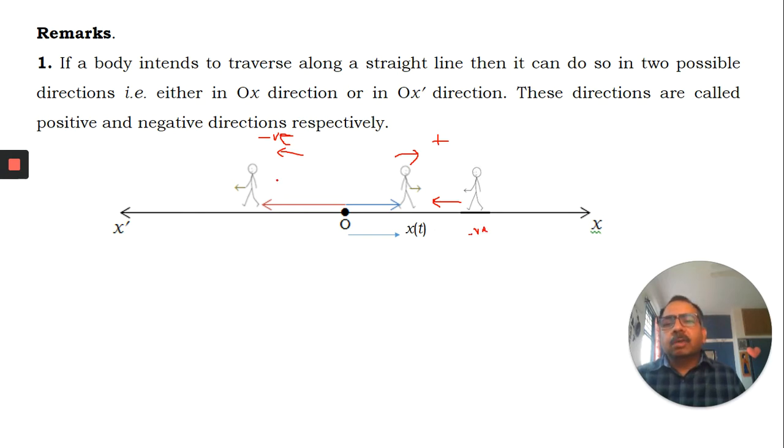Similarly, in this case, if the body is moving far from point O, its displacement will be taken as negative and its velocity will also be taken as negative. And if the body moves towards the point O, the displacement is still negative because it is moving on the negative side, and velocity will then be taken as positive.